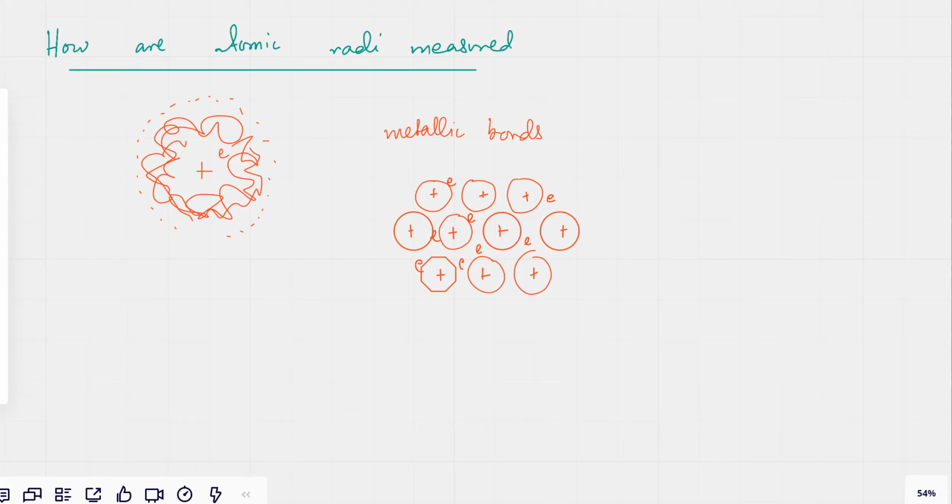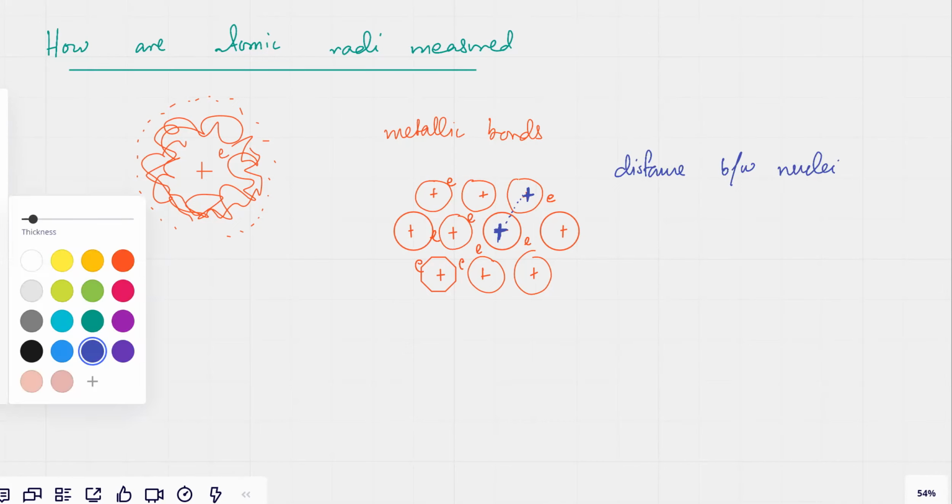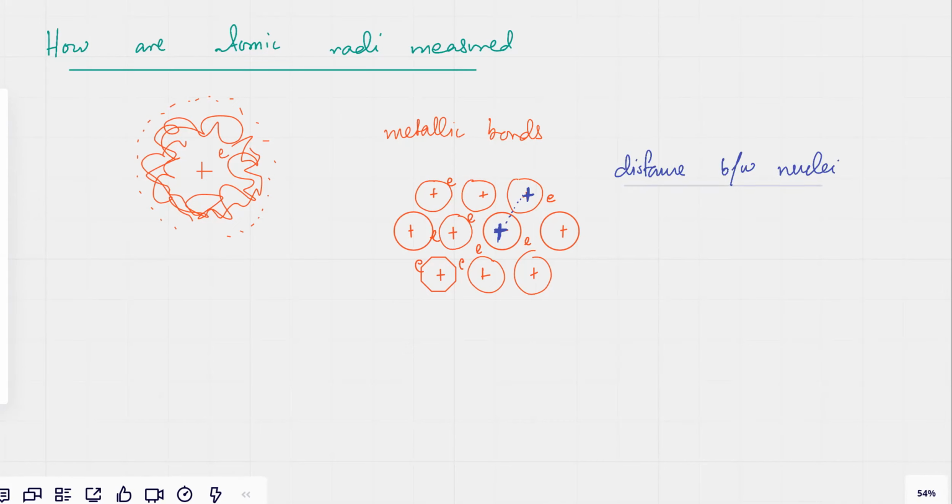So coming back to our point, how do you find the atomic radius? The nucleus of the atom is very specific. You can clearly pinpoint where the nucleus is. So what you do is measure the distance between the two nuclei and divide that distance by 2.